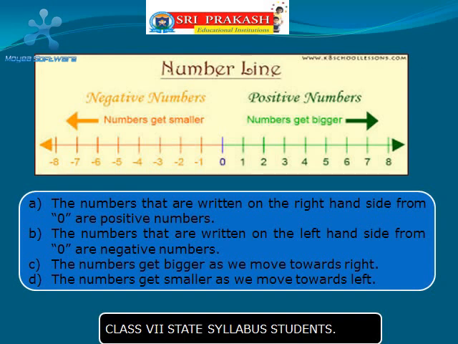The numbers that are written on the left hand side from 0 are negative numbers.